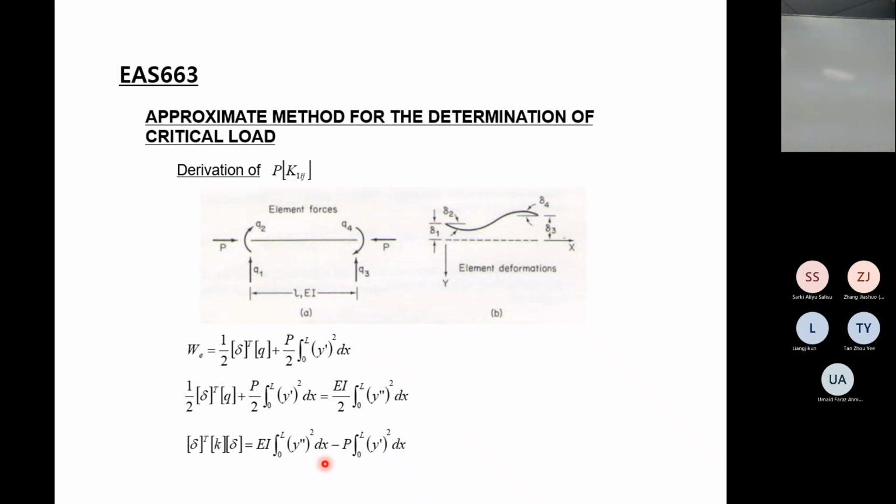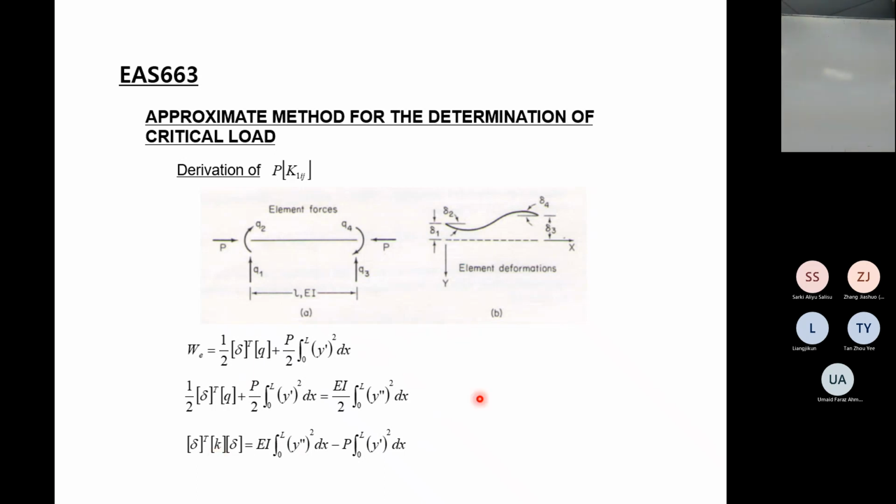The left-hand side has a K, which is pre-multiplied with delta transpose and then post-multiplied with delta. So if we can change this into something like this, then we can know what K is, and from there we know the stiffness matrix that we want to derive.